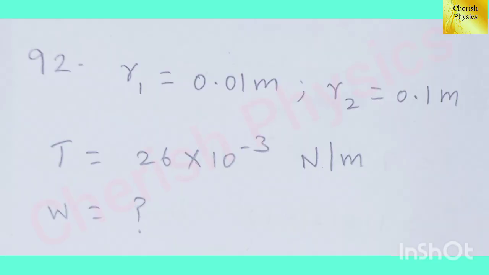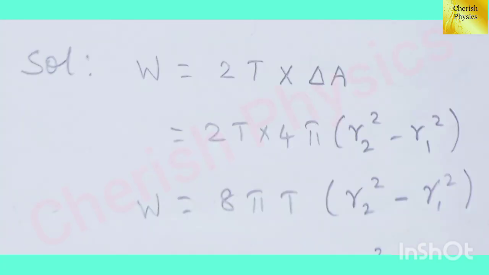R1 equal to 0.01 meter and R2 equal to 0.1 meter. T equal to 26 into 10 to the power minus 3 Newton per meter. We have to find the work done W. For a soap bubble, the work done formula is equal to 2T into delta A. The surface area of the soap bubble is 4 pi r squared.